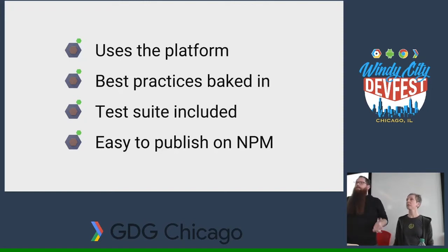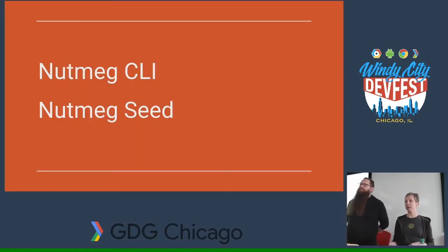And then testing is just there by default, and it's very easy to publish it on NPM so that other people can use it in their applications, or if they're publishing their own, then you can bring them in and use them in your application. So it's essentially a custom element, a basic vanilla web component, but with these extra features baked in.